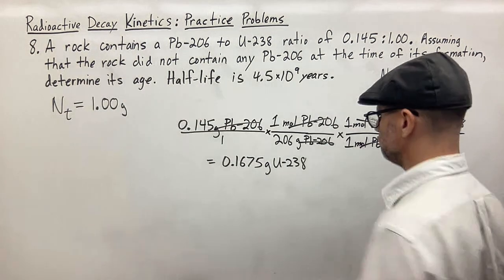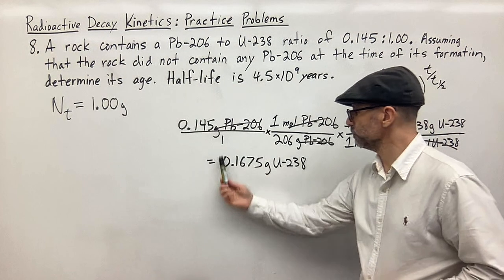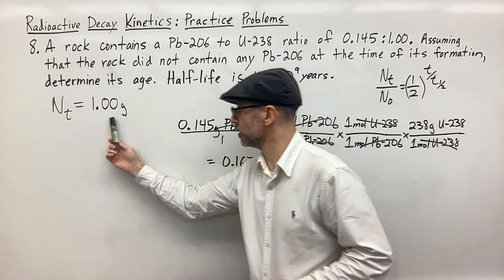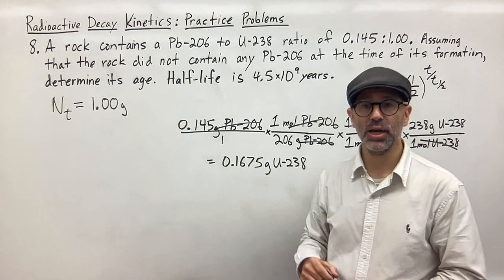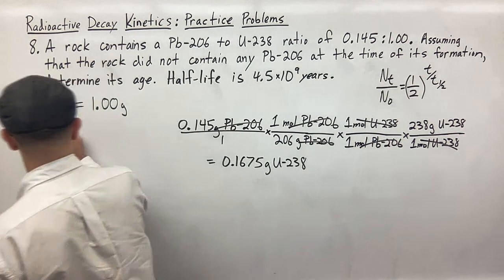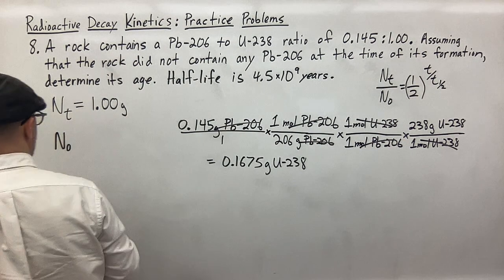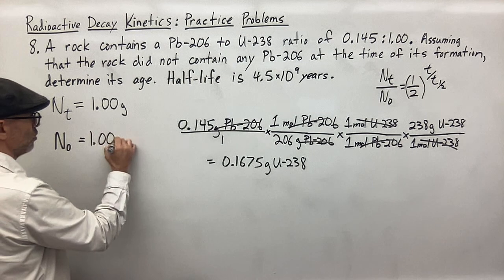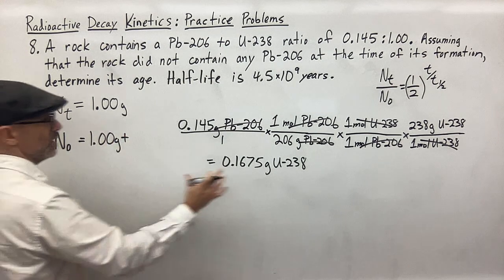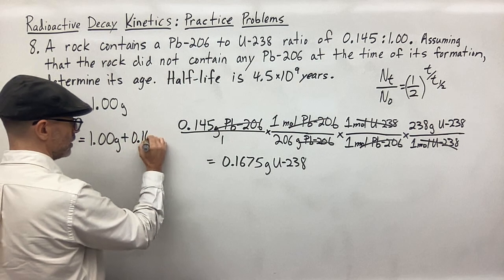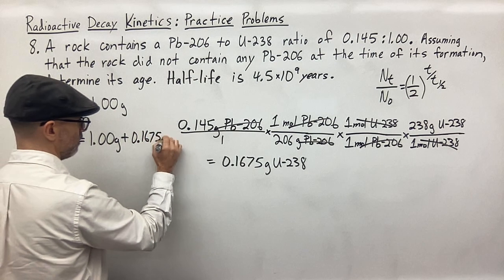Sorry about that. Since this is part of the original, I add that to the 1.00 grams that I have right now, and that will give me the original. So N naught is equal to 1.00 grams plus the amount that decayed, 0.1675 grams.